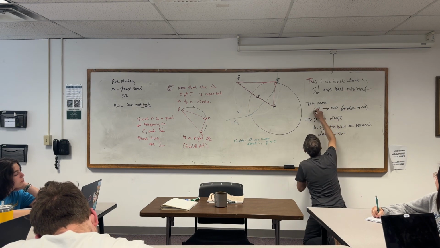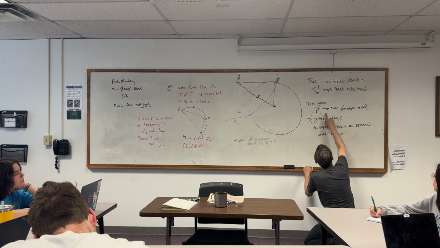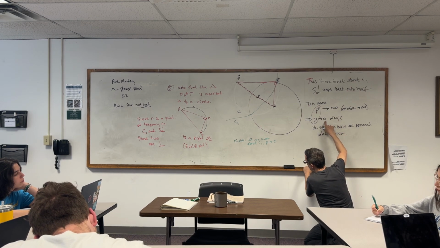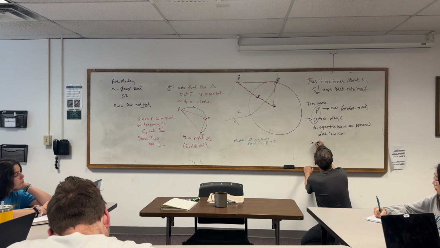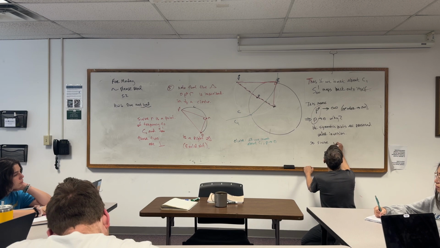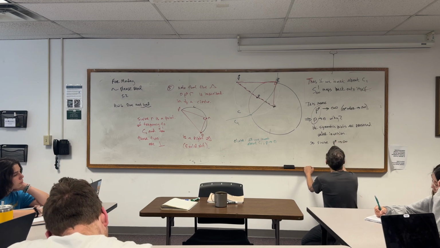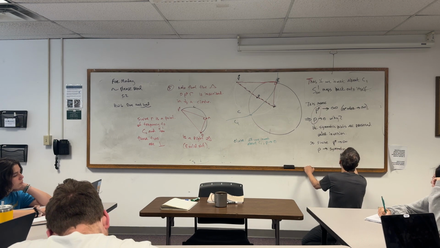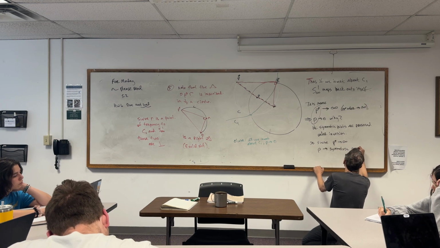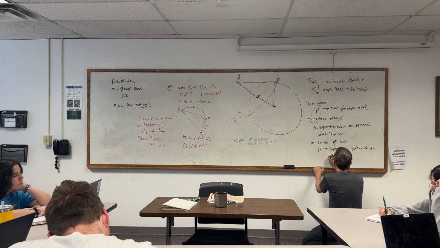So if these two are symmetric, and one of them goes to infinity, the other one has to go to the symmetric partner of infinity, which is 0. So since P star goes to infinity, P goes to the symmetric partner. I'm going to write this out. Symmetric partner of infinity, which is 0.